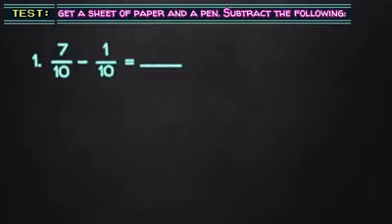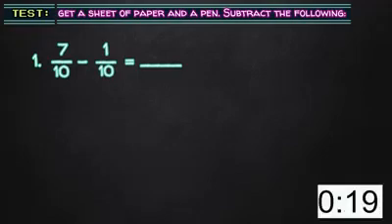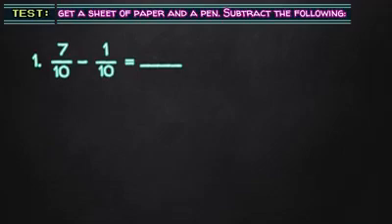Subtract the following. Number 1, 7/10 minus 1/10 equals blank. What is the answer? Very good. The answer is 3/5.